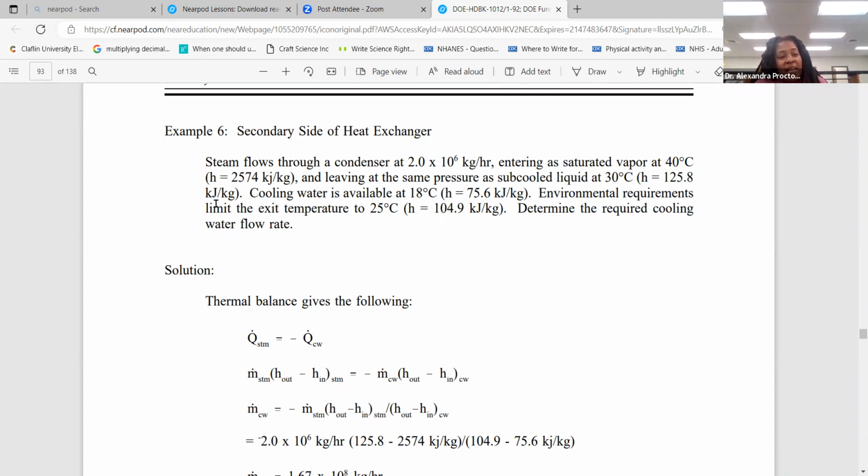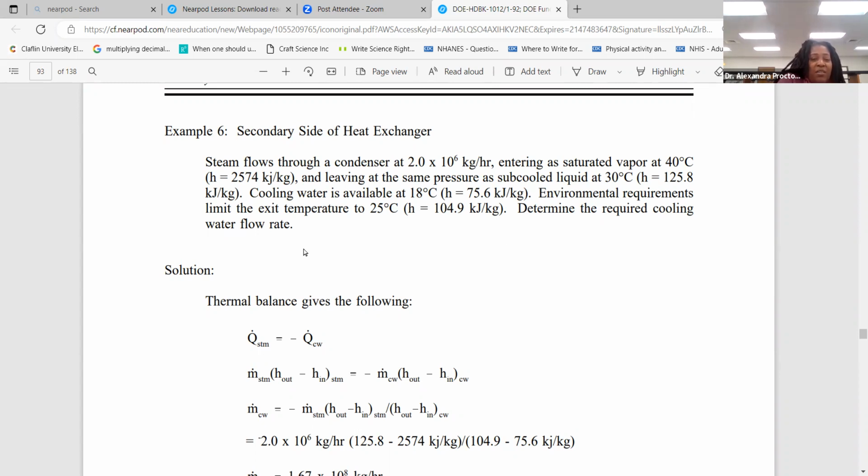And cooling water is available at 18 degrees Celsius, where H is equal to 75.6 kJ per kg. Environmental requirements limit the exit temperature to 25 degrees Celsius, where H is equal to 104.9 kJ per kg.